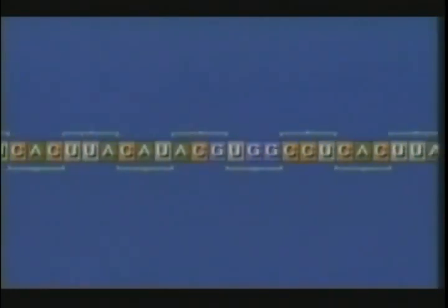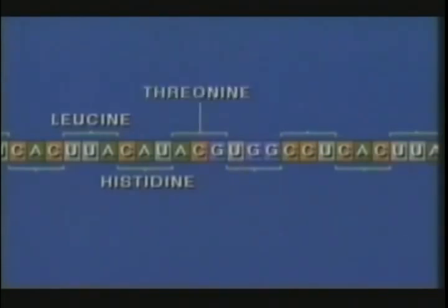Thus, the sequence GCU codes for the amino acid alanine. GGA codes for glycine. CAC codes for histidine, and so on. Reading the genetic code in triplets appears to be the most efficient means of relating the linear nucleotide sequence in messenger RNA to the amino acids used in protein synthesis.